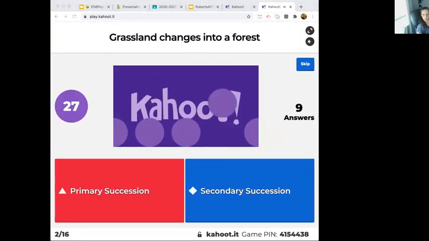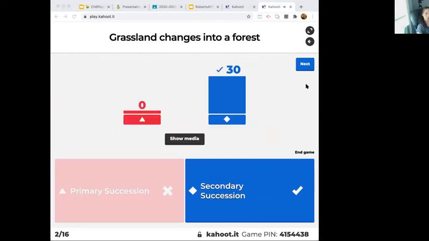Grassland changes into a forest. Yes, okay, good. So that's what we're supposed to see.